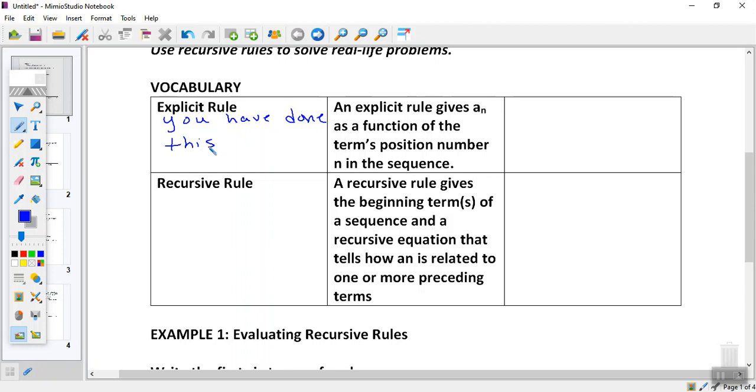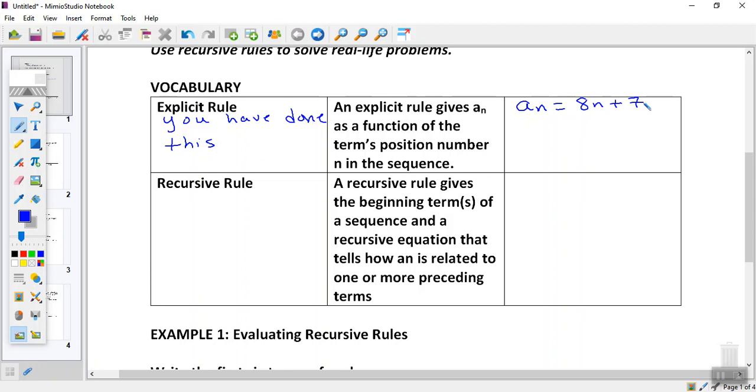You've written a rule for an arithmetic sequence, something like the nth term equals, I don't know, 8n plus 7. That's an explicit rule for the nth term. So if I wanted to know the fifth term in that explicit rule, what do I have to do, from what we've learned in the past? Plug in 5. What would the fifth term be here?